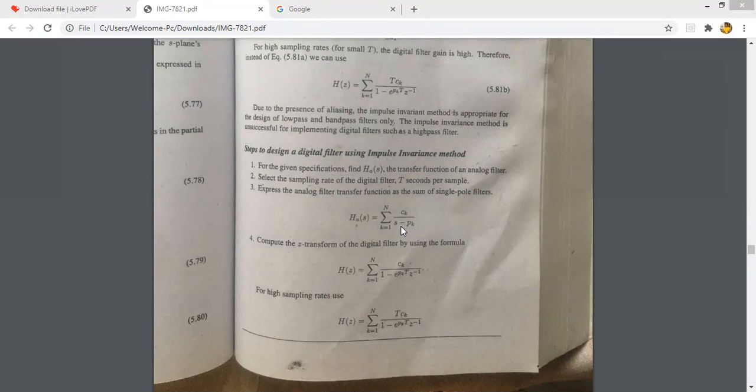So you understood the denominator. In the analog filter, in the denominator we have s minus pk, and s minus pk should be directly replaced with 1 minus e power pkT z inverse. If it is for a high sampling rate, in the numerator you'll have T Ck divided by 1 minus e power pkT z inverse. These are the steps we have to follow.